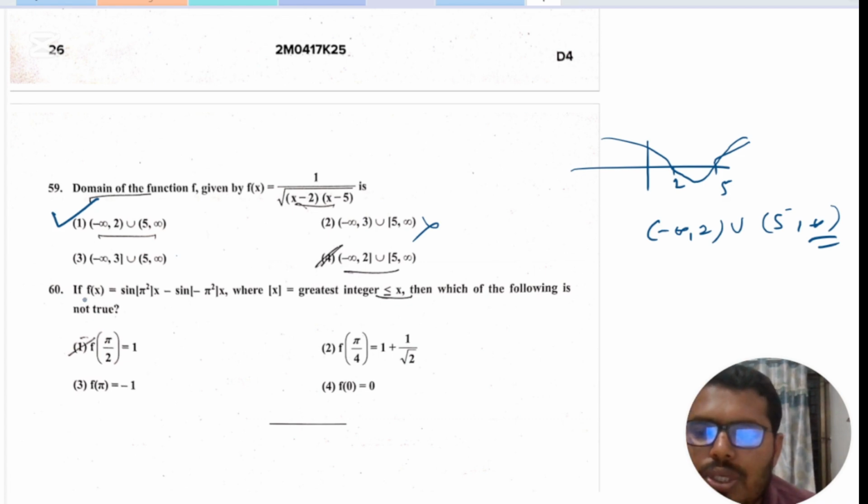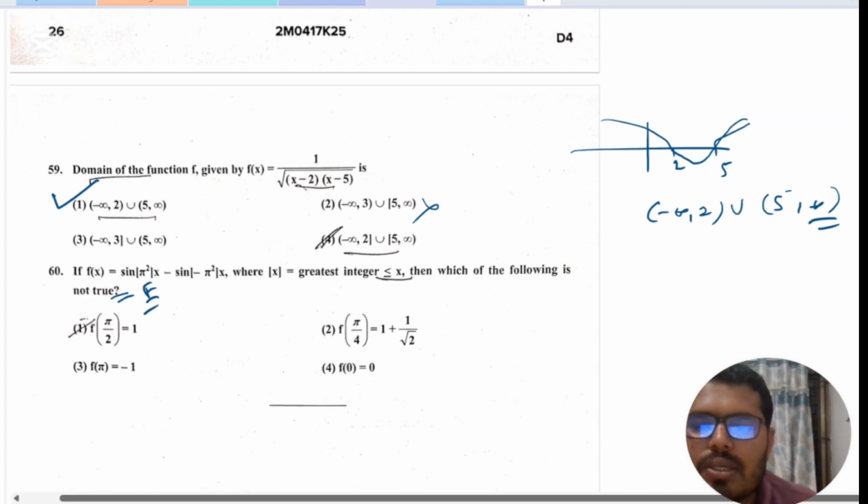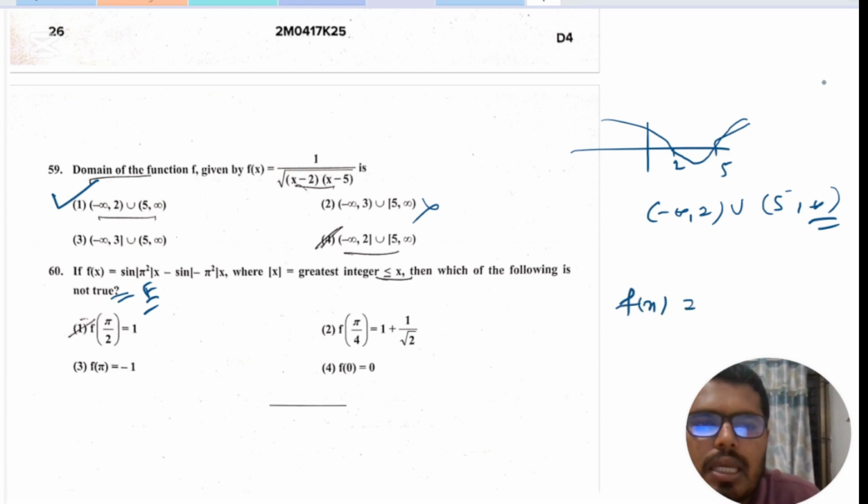Okay, the last question. If f of x equals sine of box function pi square x minus sine of box function of minus pi square x, where the box function is the greatest integer less than or equal to x, then which of the following is not true? They asked for the false statement. Okay, next, see what happens: f of x can be written as box of pi square is 9 and minus box of minus pi square is minus 10.